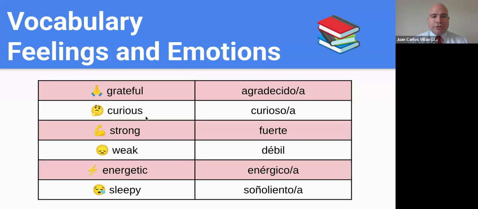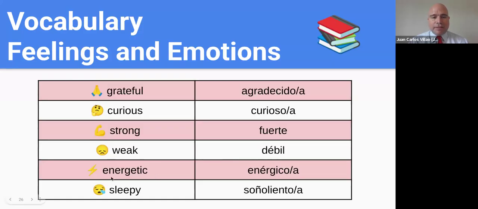Curious, curious, curioso o curiosa. Strong, strong, fuerte. Weak, weak, débil.